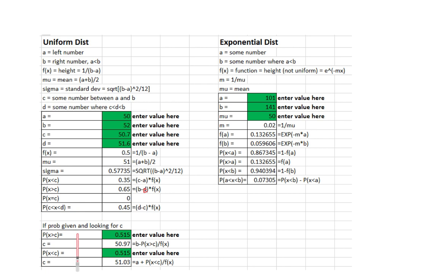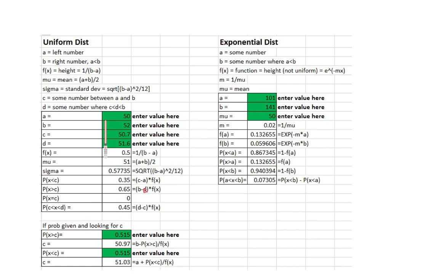If you're given the probability and you're looking for C, the probability of X greater than C will be given to you. To find C, you're going to have a cell that's going to be B. You have to know what your B value is. You're going to have B minus this number right here divided by the f of x function.